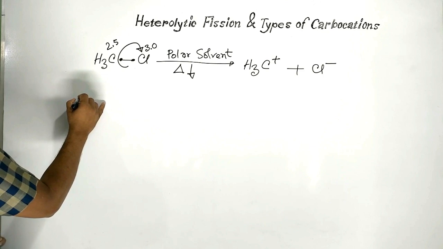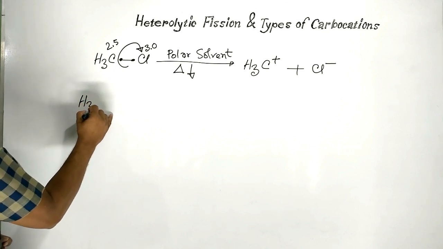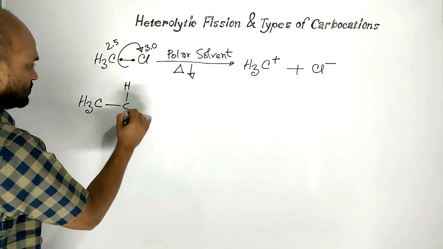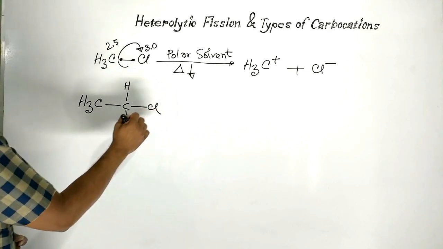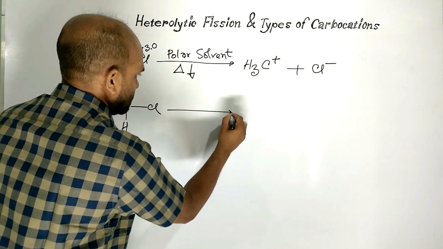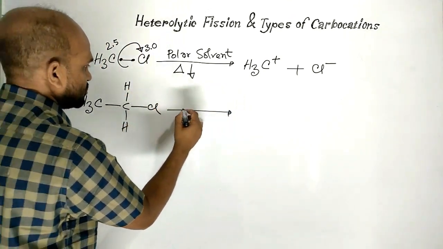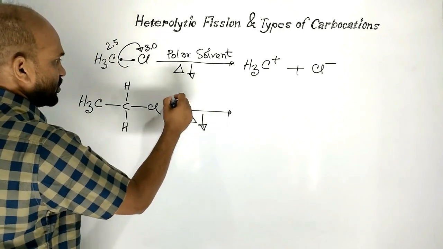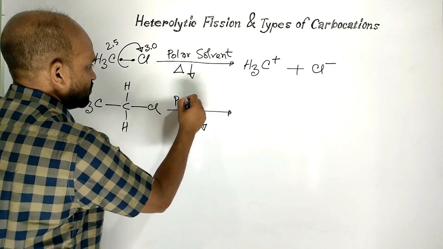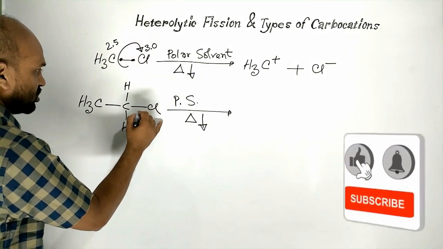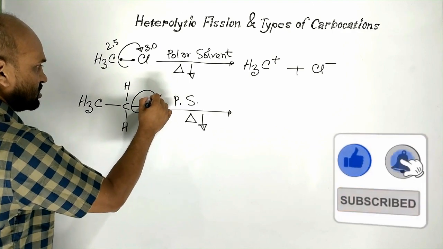Again, another compound, this is ethyl chloride. When ethyl chloride is treated with low temperature in presence of polar solvent, then this carbon-chlorine bond undergoes a heterolytic fission.